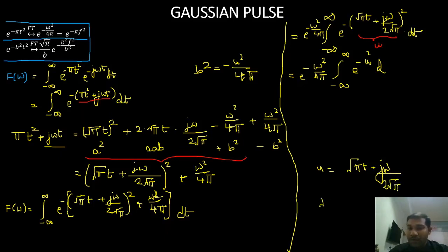If I differentiate, du is root pi into dt, and this is a constant, so it goes to 0. So instead of dt, I can write du divided by root pi, right?